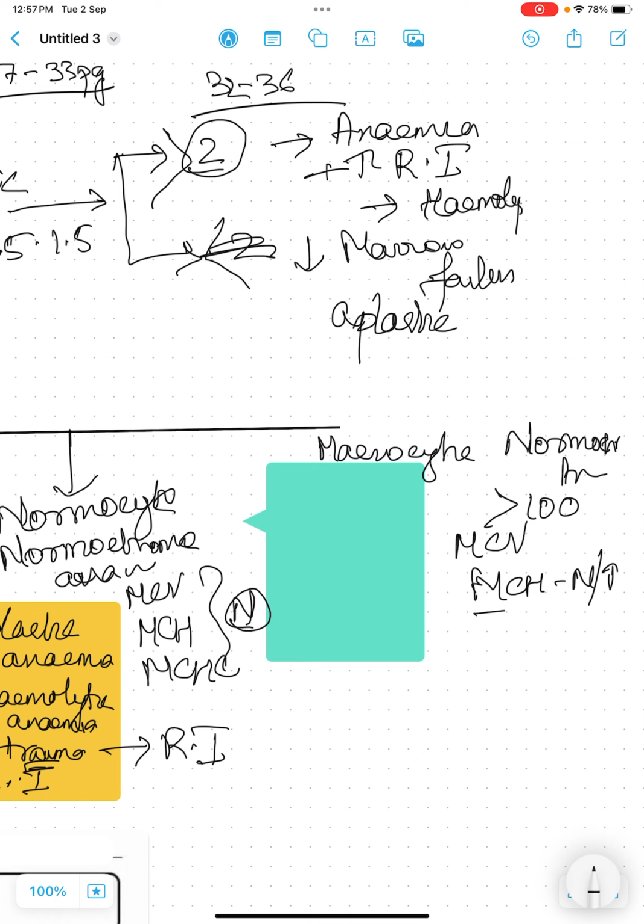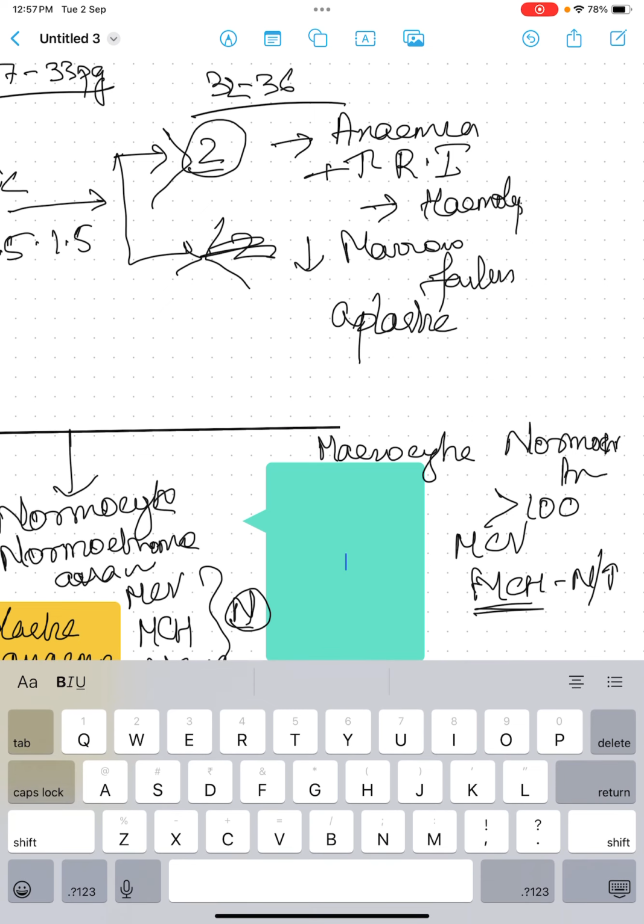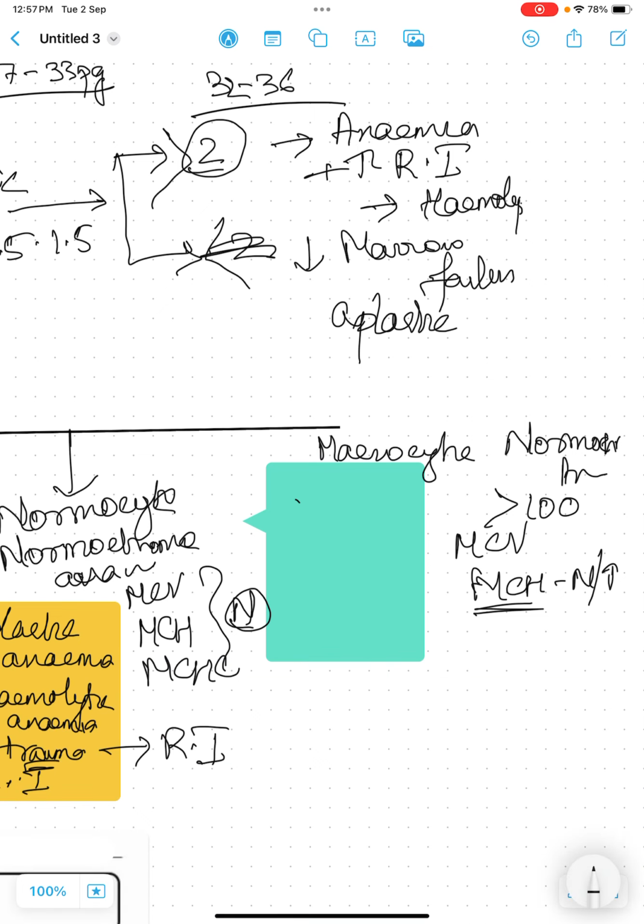Now the causes of this macrocytic anemia: the first one is megaloblastic anemia. What happens in megaloblastic anemia? It is due to vitamin B12 deficiency or folate deficiency. Pernicious anemia is an autoimmune cause of vitamin B12 deficiency. There are intrinsic factor antibodies, and because of that pernicious anemia is one variant.